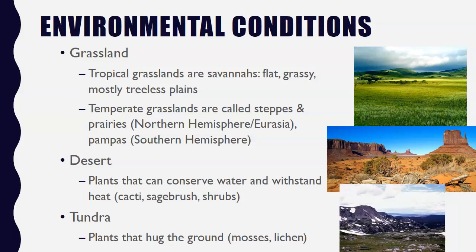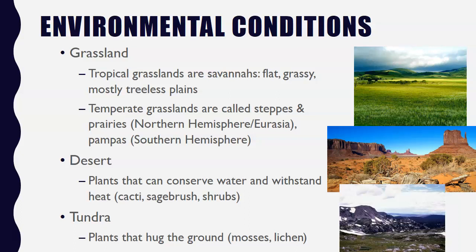The Serengeti in Africa is a tropical savanna. The temperate grasslands, so that would be mid-latitudes, are called steppes and prairies. In Europe and Asia, they call those steppes. Here in North America, we call those areas prairies. And then in the southern hemisphere, those temperate grasslands are called pampas.